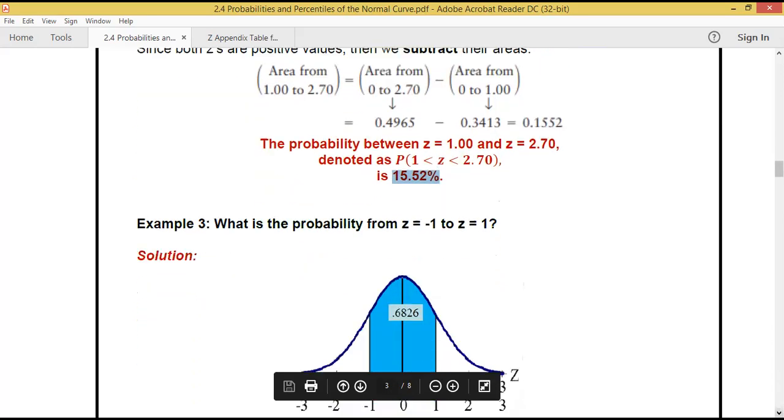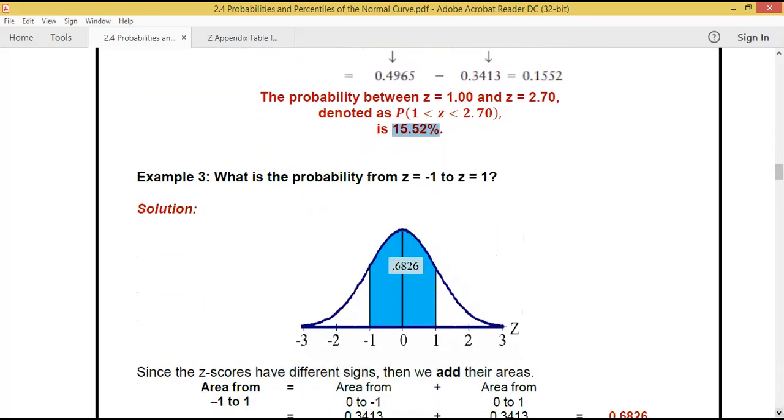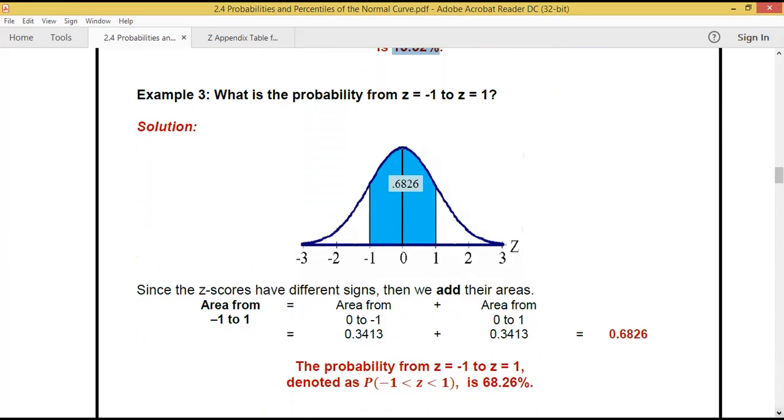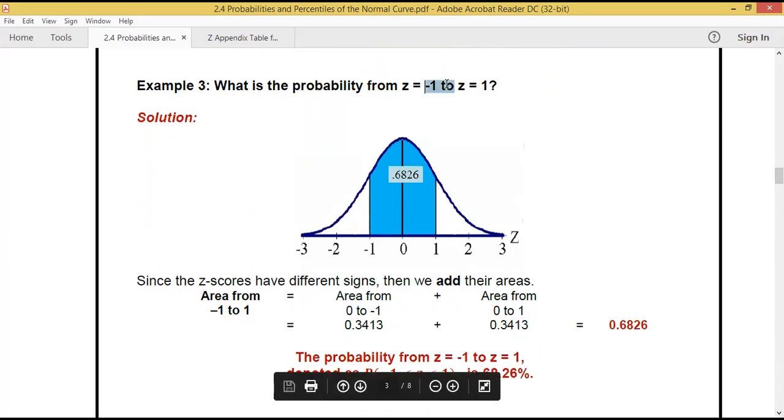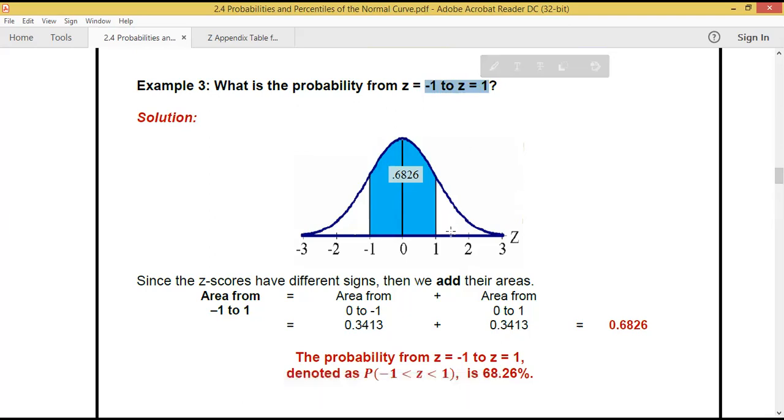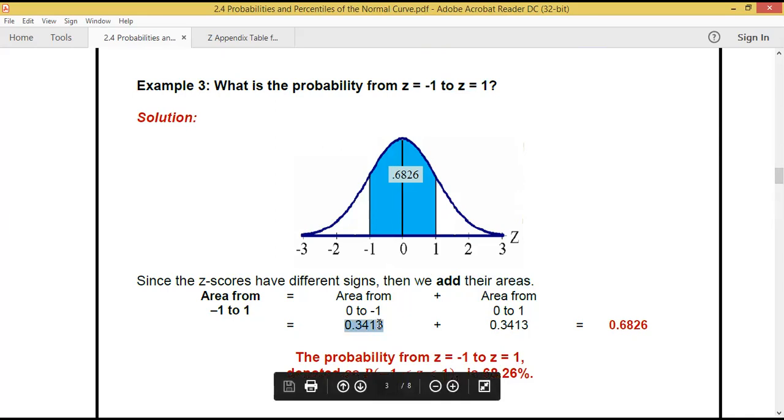Next, example number 3. We are looking for the probability from z equals negative 1 to z equals 1. Remember rule number 2 in lesson 2.2. If we're looking for the probability from a negative value to a positive value, then we add their areas. The area from 0 to negative 1 is 0.3413.